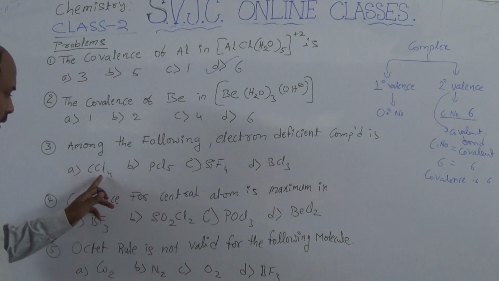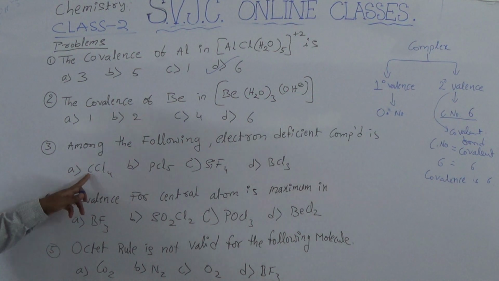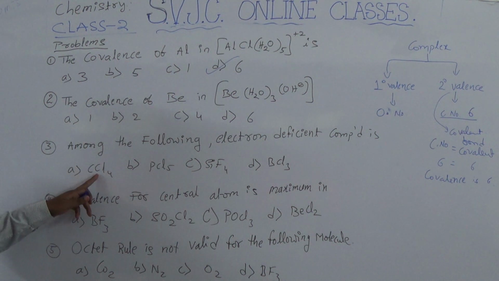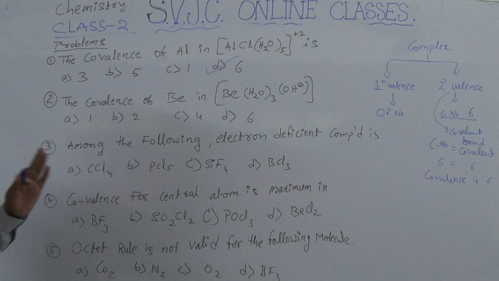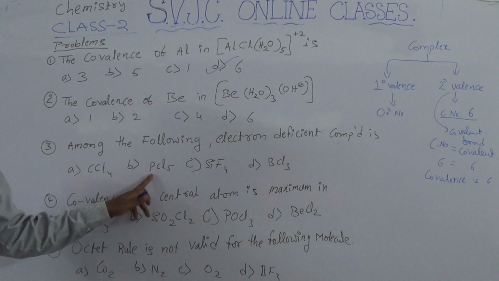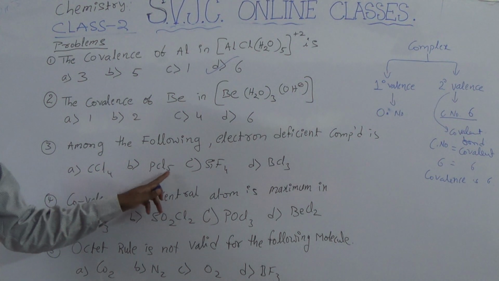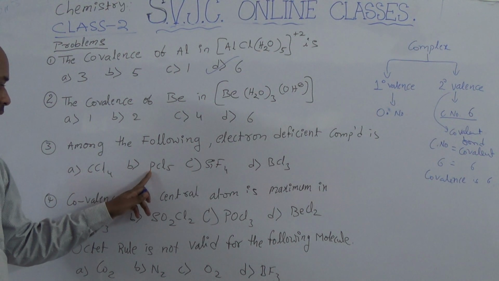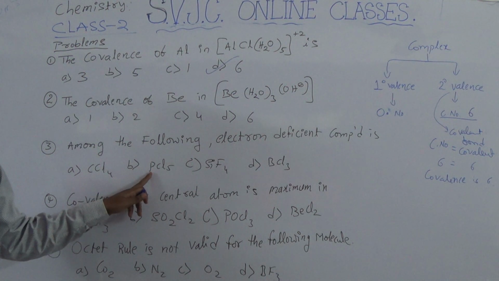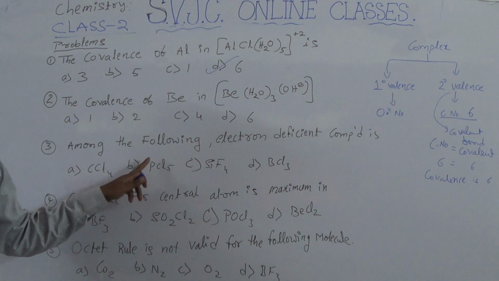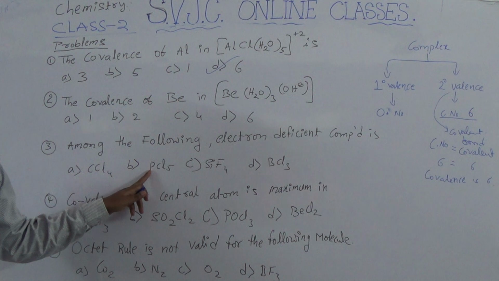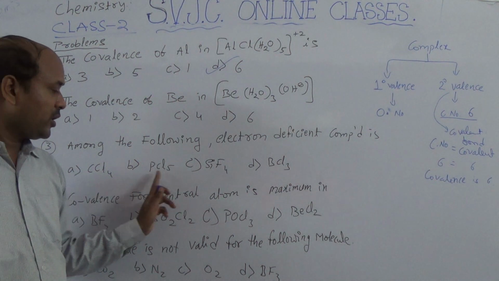In the first molecule the central atom is carbon, bonded with 4 chlorine atoms, so the covalency of carbon is 4. That is not an electron deficient compound. PCl5 is a covalent compound, and the central atom phosphorus is bonded with 5 chlorine atoms, so covalency is 5. Five bonds around phosphorus means 10 electrons. That is a superoctet compound, not electron deficient.